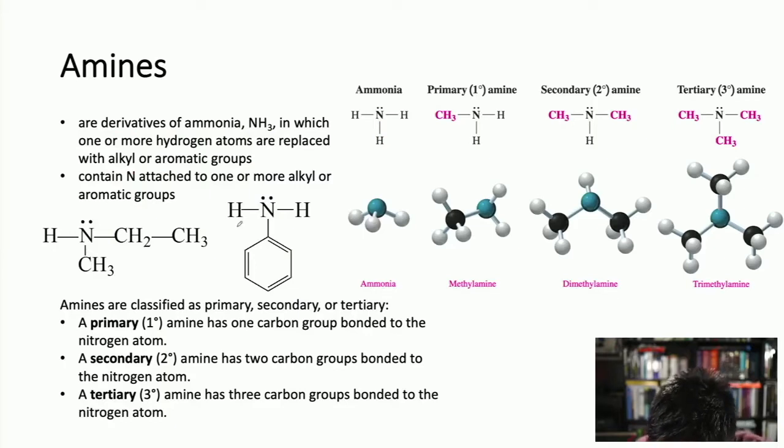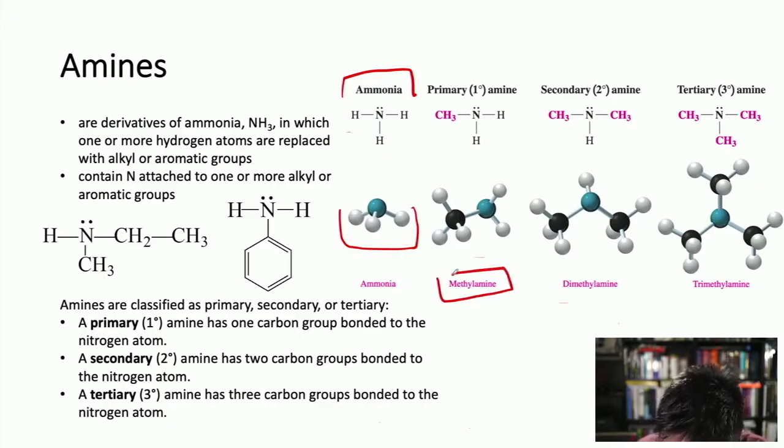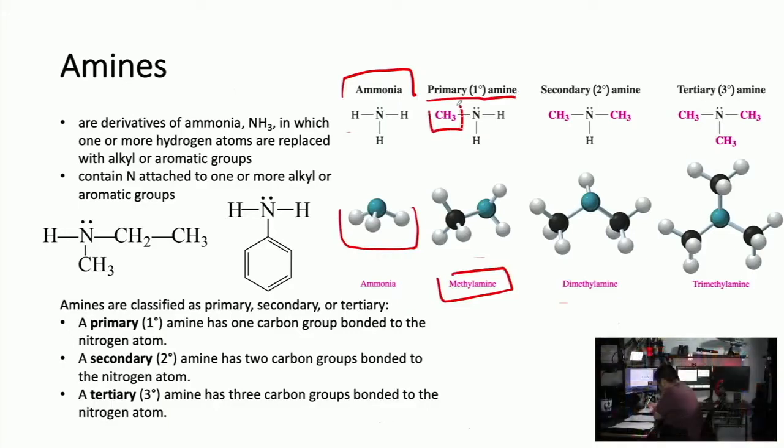Let's start out with ammonia, which I just drew a second ago, a nitrogen with 3 hydrogens. Then we have methylamine, which is a primary amine. Why? Because there's only a single methyl group attached to the nitrogen. A single hydrogen has been replaced, so that makes it a primary.